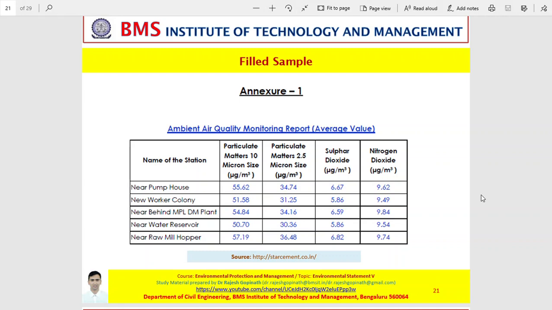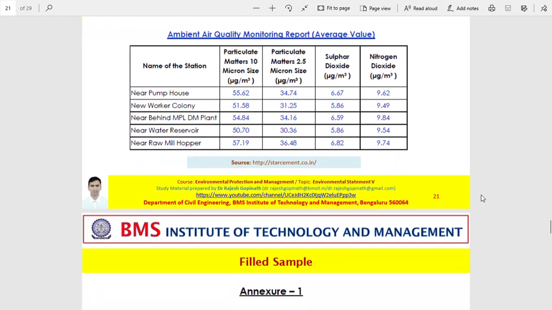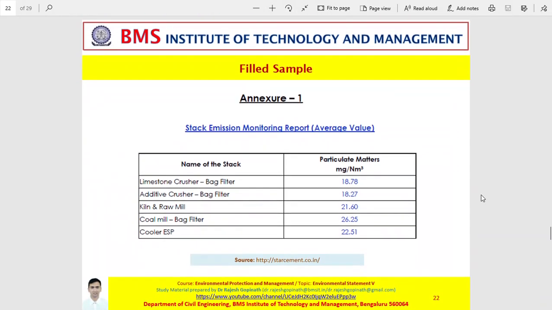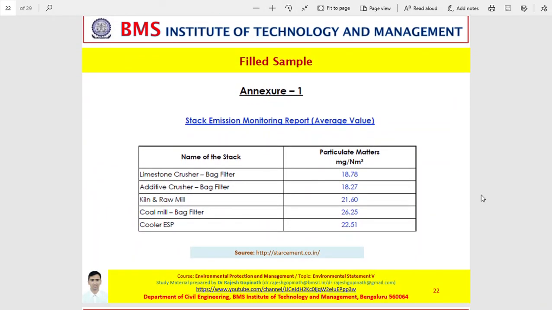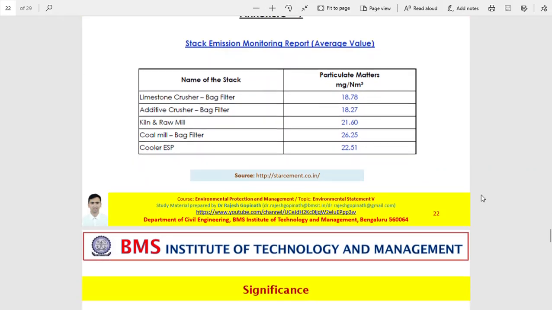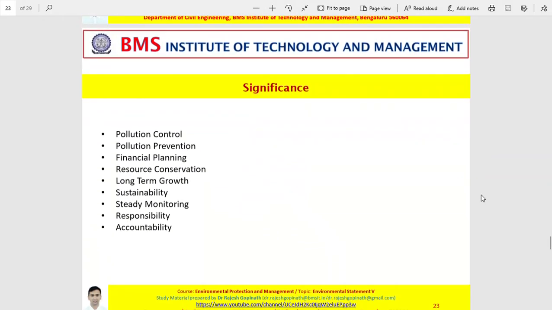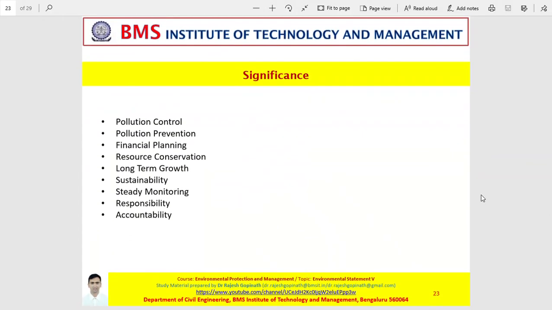Moving further, slide 22 speaks about the stack emission report with respect to the control equipments. Slide 23, significance. So how exactly will making an industry fill form 5 help the environment?